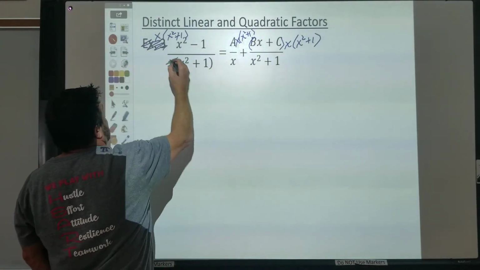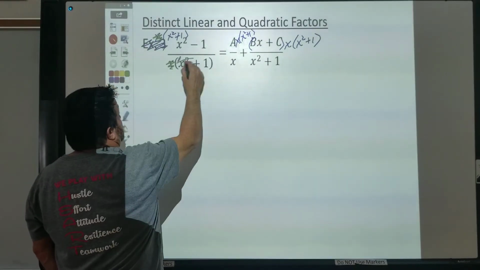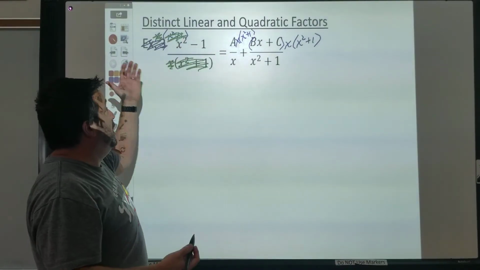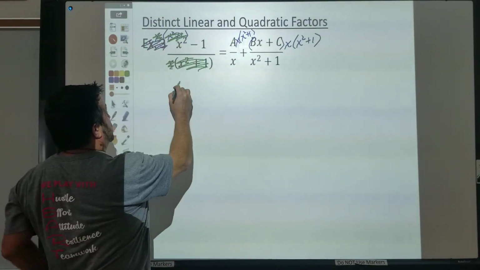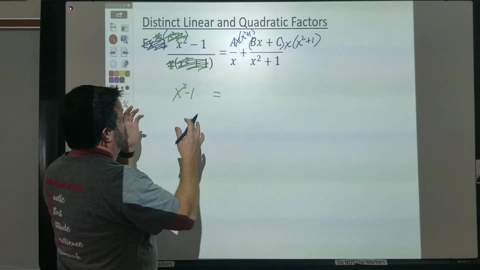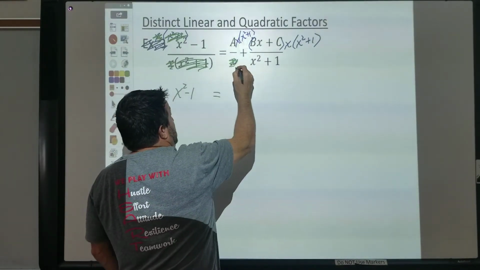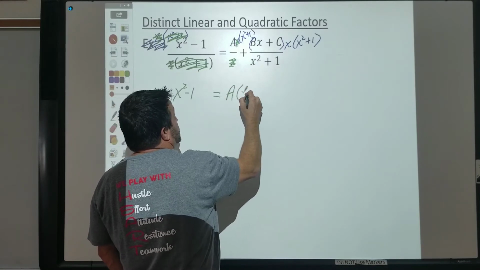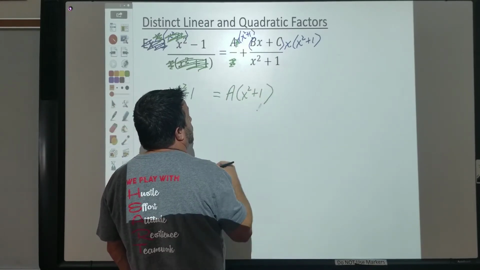This x in this denominator cancels out with that x. This x squared plus 1 cancels out with that x squared plus 1. That's why I multiplied by it. I've gotten rid of everything on the left side except for the x squared minus 1 that's over here. On this side, this x in the denominator will cancel with that x. So I'm left with a times x squared plus 1.